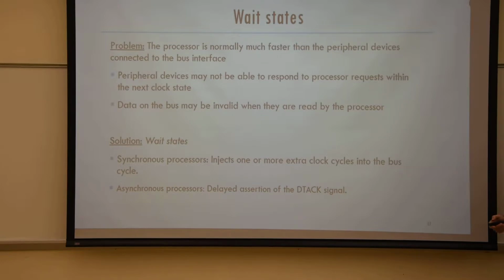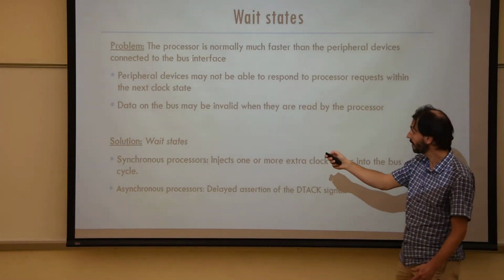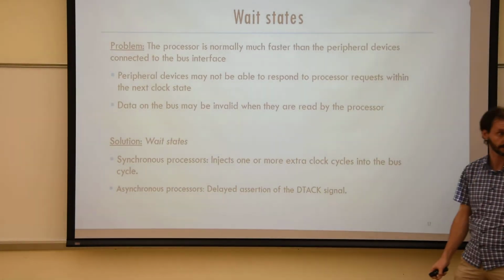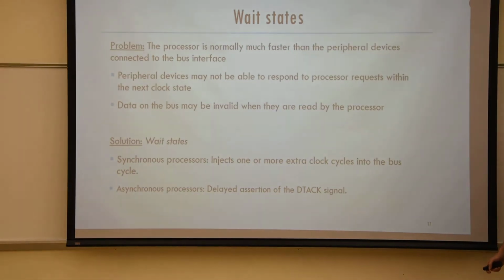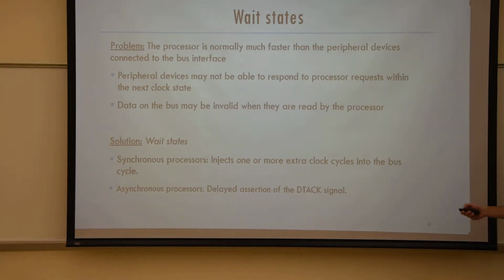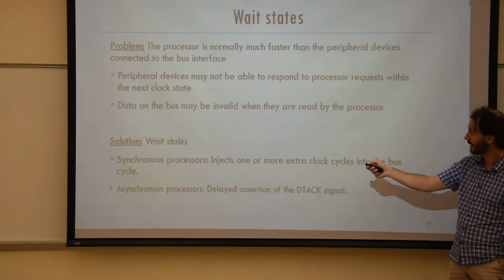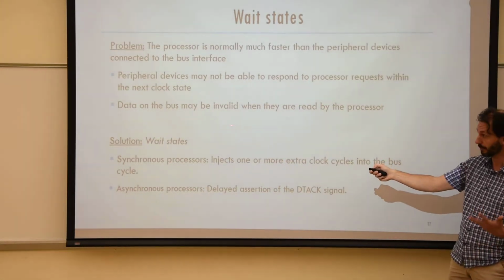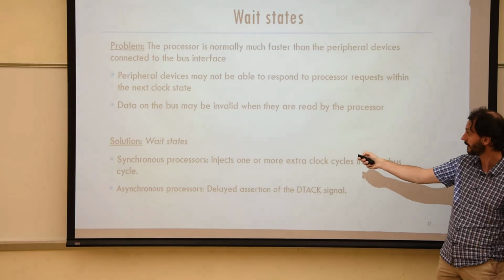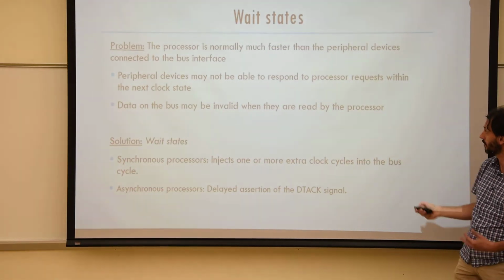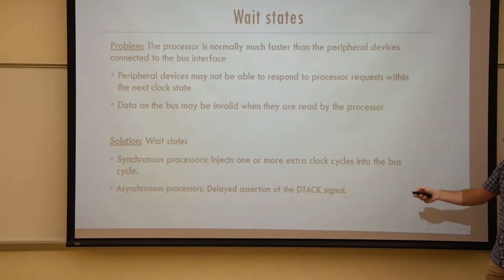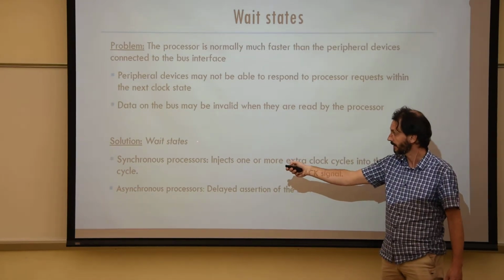Now, what's the problem here? The problem is that the processor is really fast, and your peripherals may actually be slow. So you need to make sure that they are synchronized in some way. The data on the bus may be invalid when read by the processor because the processor is so fast. So what you are going to introduce is wait states.